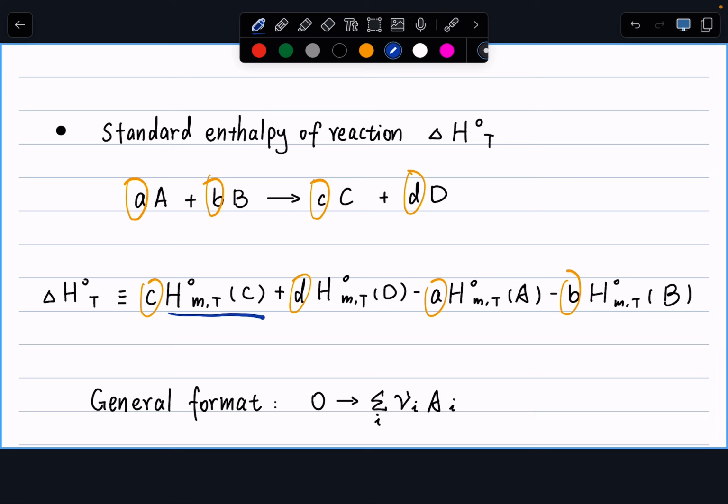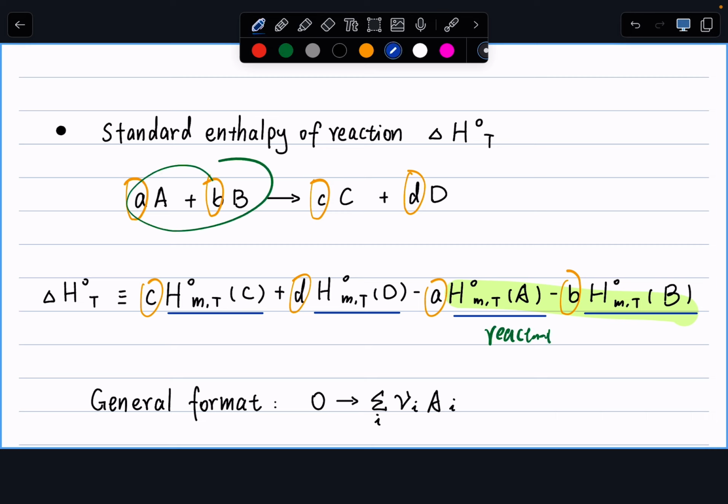And here we have the standard molar enthalpy of each chemical species. For any kind of reaction, this is always true. On one side, these are my reactants, and my products.